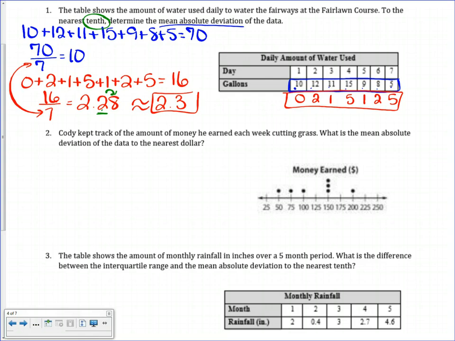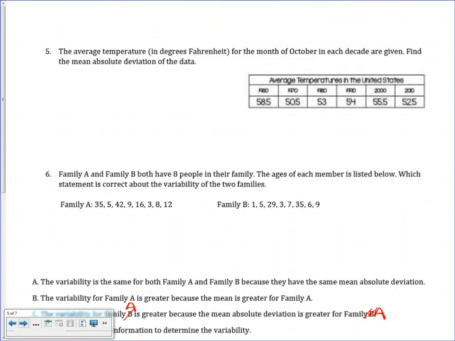The next problem I'm going to do for you, we did number 2 for your warm-up today, so I'm going to skip that one. We're going to go to number 5. The first thing about number 5 that you need to know is these are decimals over here. So 58.5, 50.5. I know the table's a little blurry. So we're going to average those data points just like we did before.